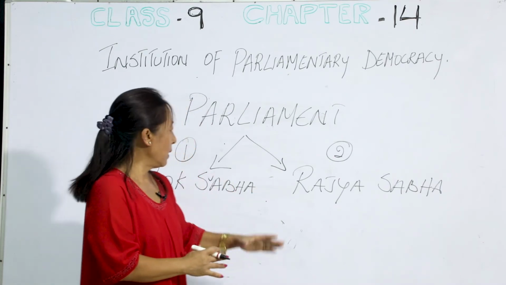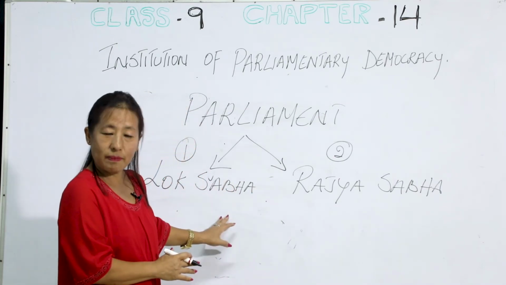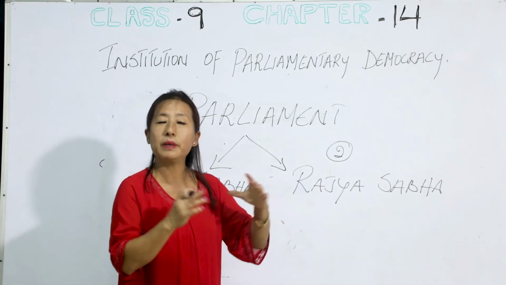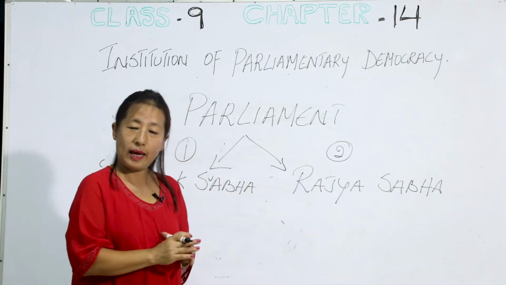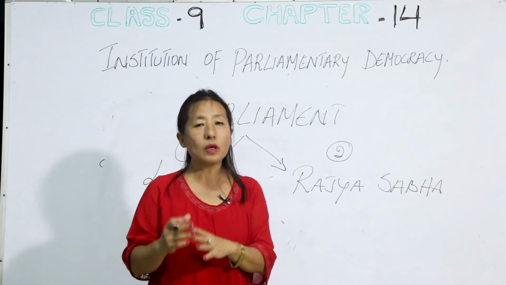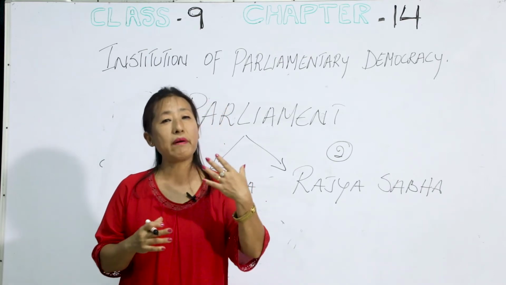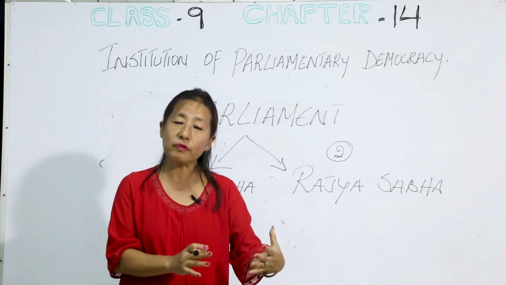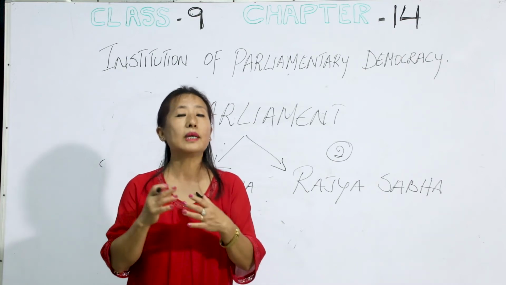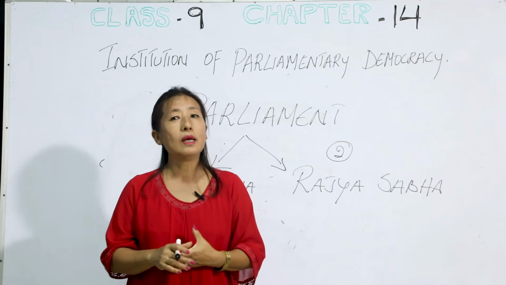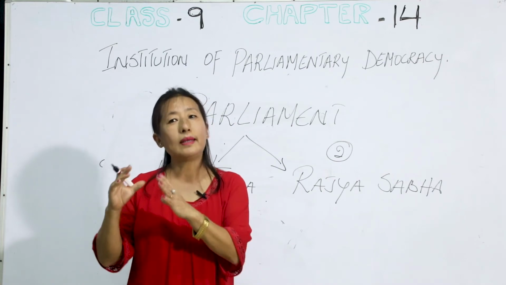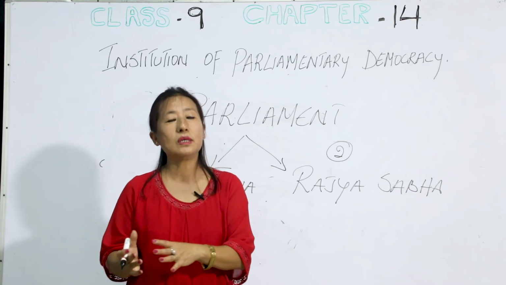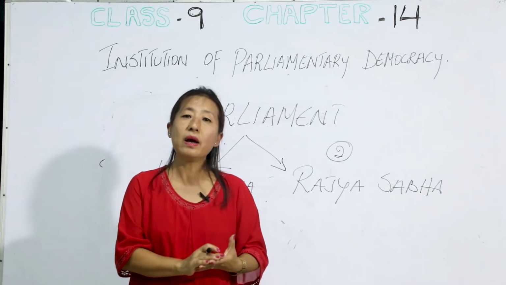So the reason why Lok Sabha is considered more important is that the members of the Lok Sabha are directly elected by the people. The citizens of India are the ones who elect the members of the Lok Sabha. So that is one main reason.